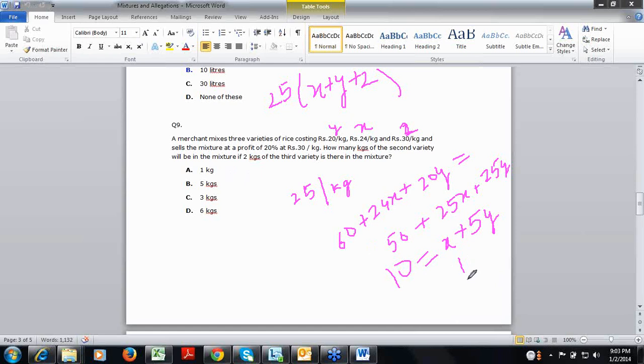No. If x is equal to 5, can we have a value for y? Yes, value for y is 1. If x is equal to 3, can we have an integer value for y? No. If x is equal to 6, can we have? No. So only this will be right. So we'll go ahead and mark option B.